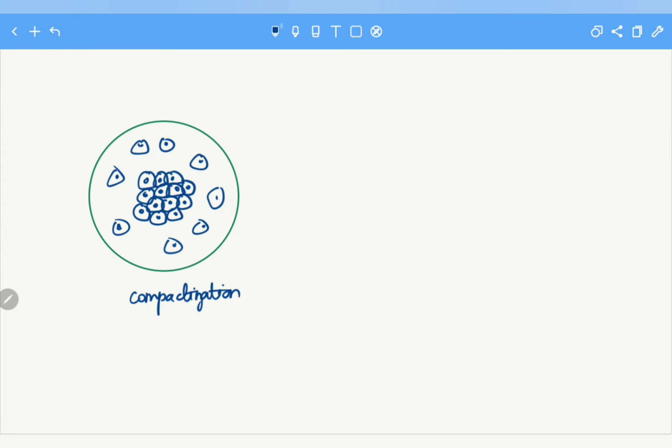So this forms the outer cell mass and the inner cell mass. Of course, the outer cell mass is also quite close to the inner cell mass. For easy understanding, I have shown more space.